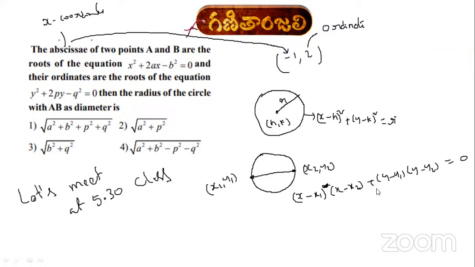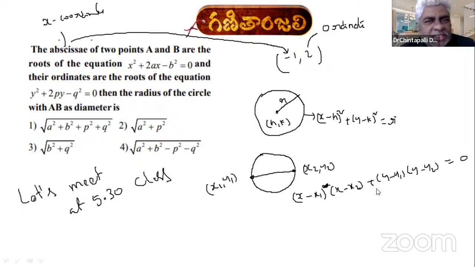Coordinates. Chandrika, what do you mean by abscissa? X coordinate, sir. Very good. X coordinate is called abscissa, right?